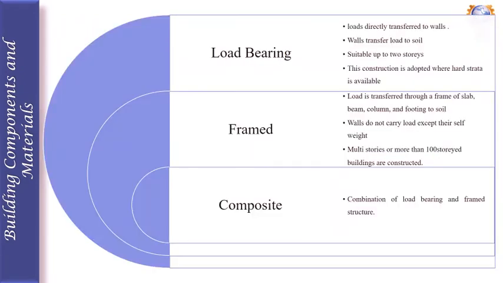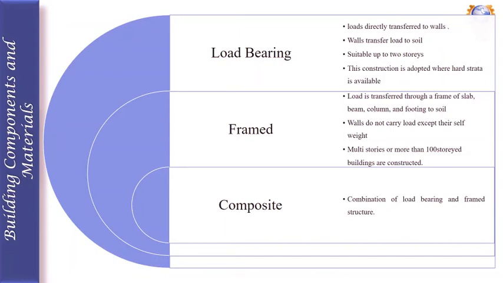What is a load bearing structure? What are the uses of load bearing structures? So in the load bearing structures, loads directly transfer to walls. Then the wall transfers the load to the soil. This load bearing structure is suitable up to 2 stories only.